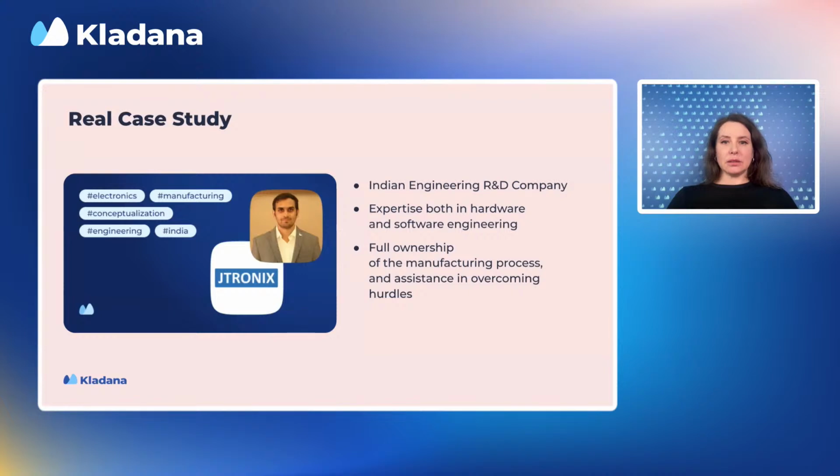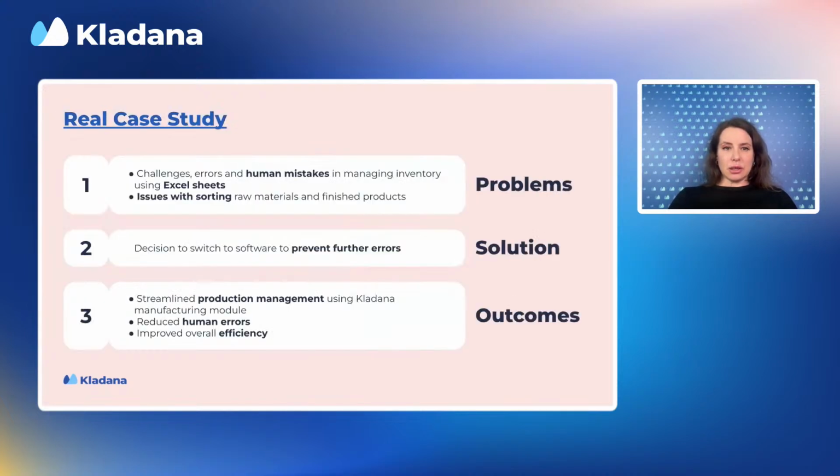So let's take a real business case. It's Jetronics Technologies. It's one of our clients. It's an Indian company that specializes in providing services and solutions across various industries in manufacturing and transportation, in equipment. And what was the situation?